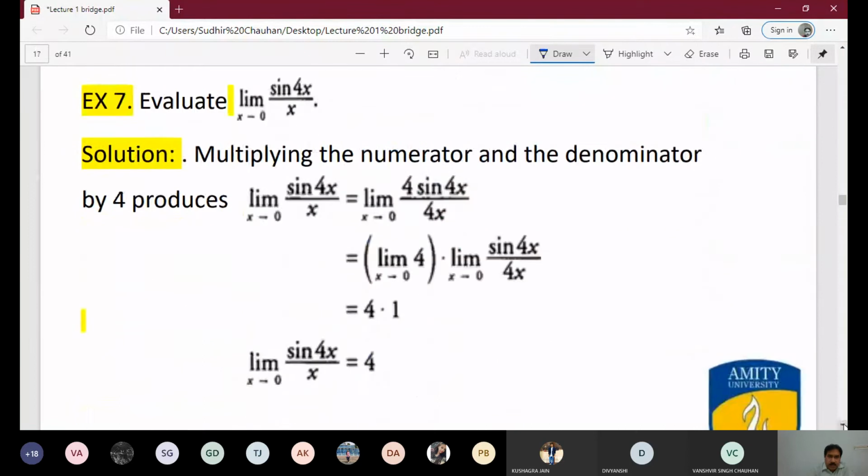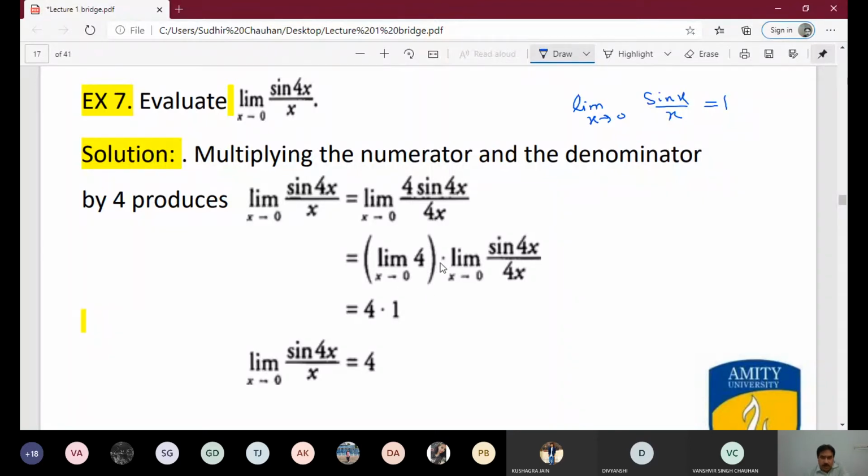Now the next example is for a trigonometrical function. As we know, in the case of sine, when x is tending to 0, we have the formula limit x tends to 0, sin x upon x is equal to 1. Here we have sine 4x, so we should write 4x in the denominator, so we multiply by 4 in the numerator and denominator as well.